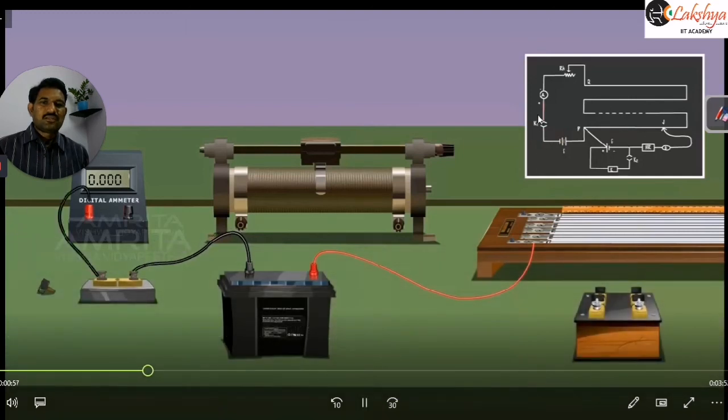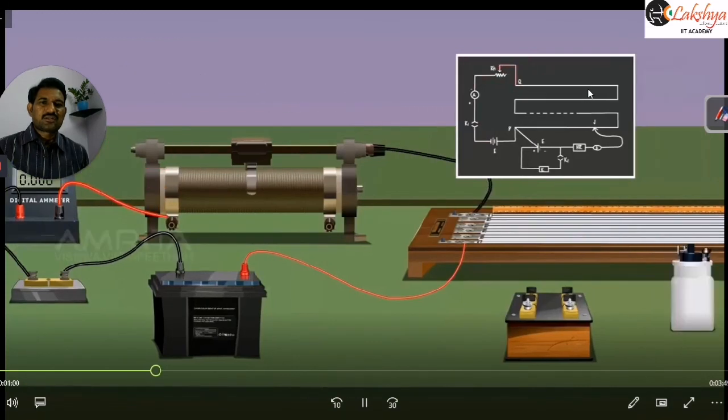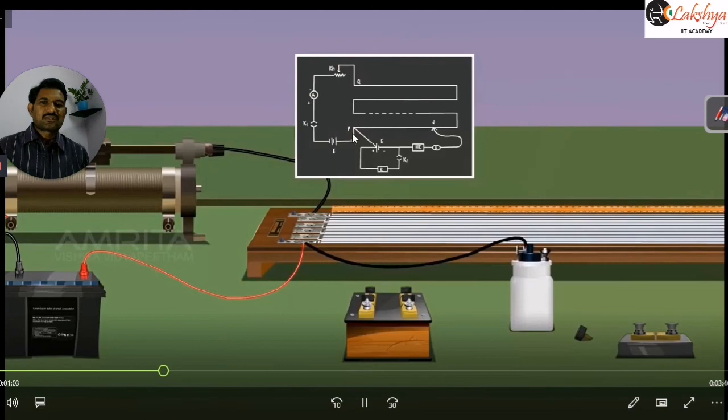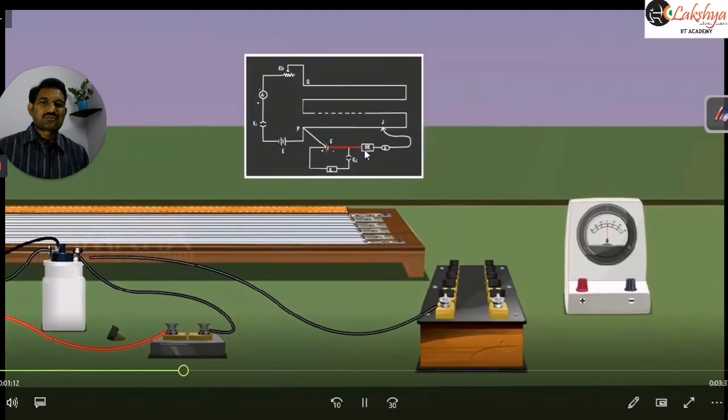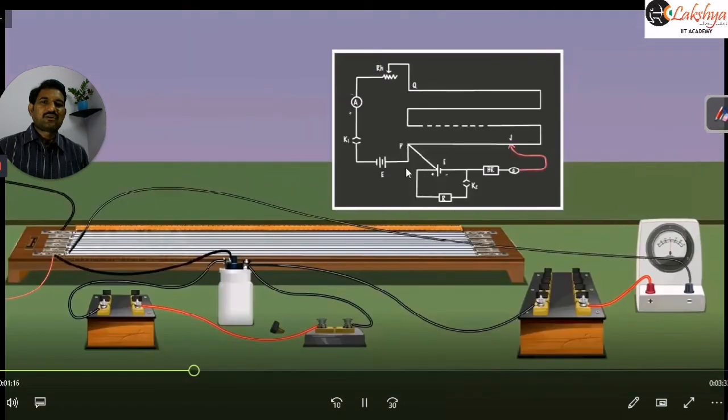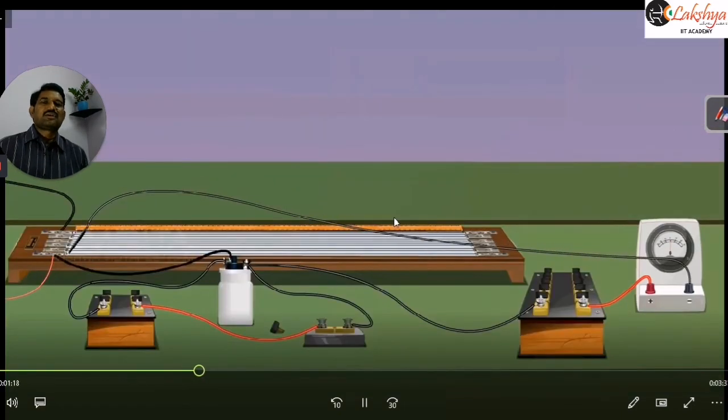Then it is connected to the ammeter, and then to the rheostat. The other end is connected to the potentiometer, and the other end is connected to the resistance box. This is a key, and the key is connected to the cell. The cell is connected to the high resistance box, galvanometer, and then the jockey. So that is the arrangement of the circuit here.